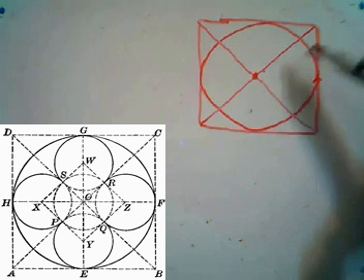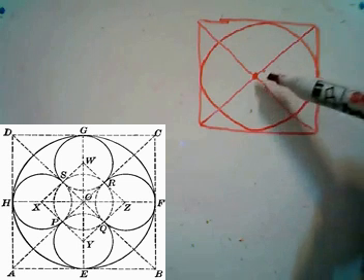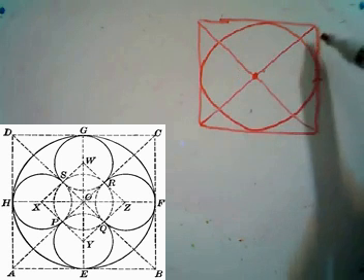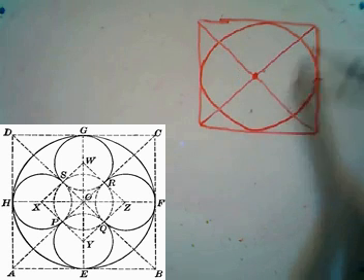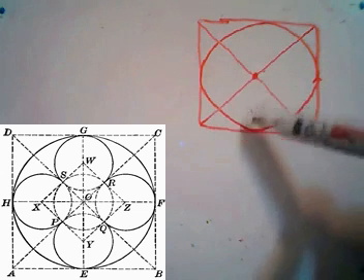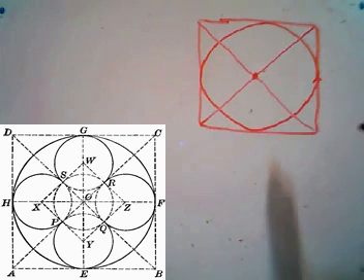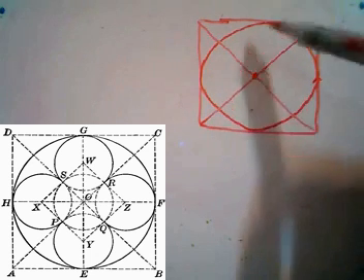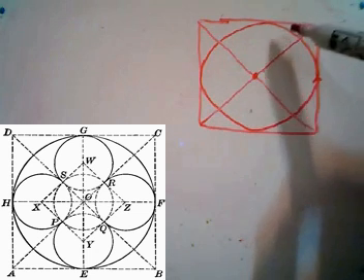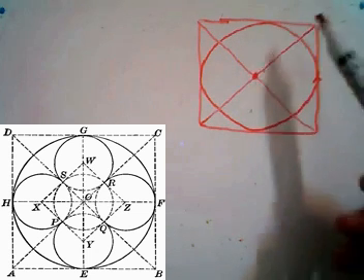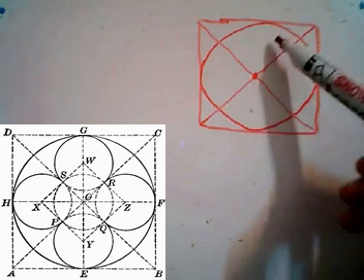Now, here we got 4 equal triangles. This one, this one, this one, the left one, and the below one. So, in each triangle, we inscribe a circle. Okay?